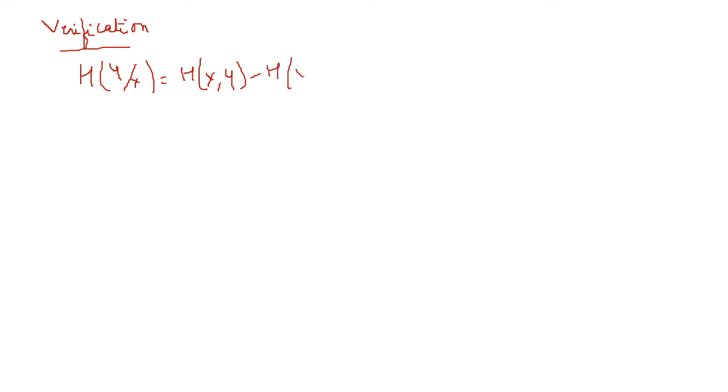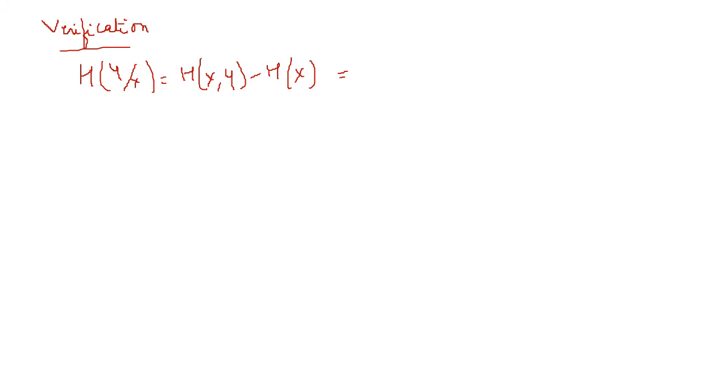The last part of the question is verification of the entropy relationship. To verify the relationship, we know h of y by x is equal to h of x comma y minus h of x. So we'll just try to substitute whatever we have got.